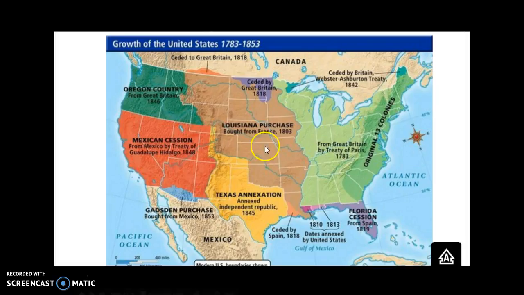The West has also been seen as an outlet. It's called the safety valve theory, and what that means is that when people are living here in the East, and it's not necessarily the original 13 colonies, you're just saying maybe you're living in New York in 1820, and your life is not the best, you're not very happy with your situation.